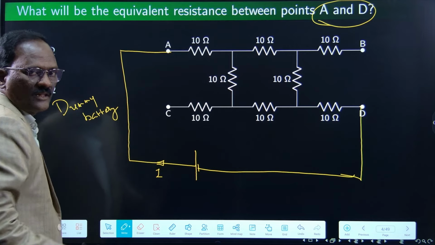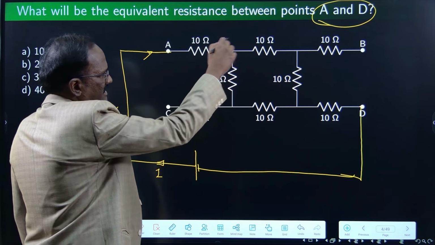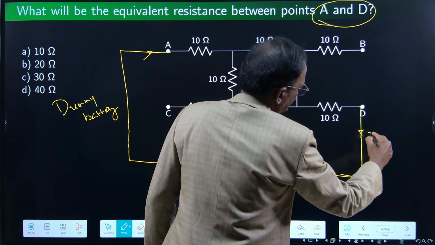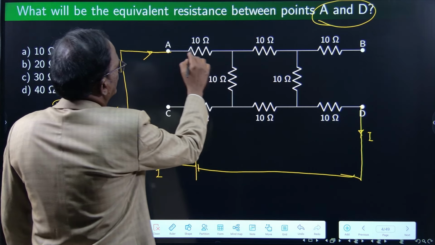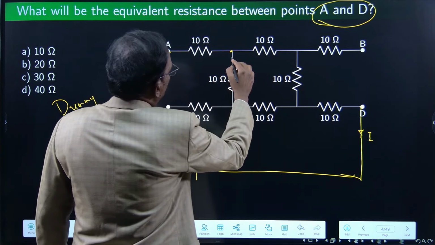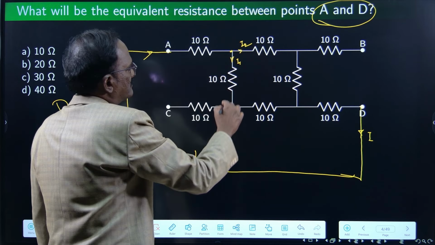Then I am tracing the current direction. It enters at A, and after traveling through the circuit, it leaves at D because it has to return to its own battery. It enters 10 ohms. Here it meets one junction, then it is divided into two currents, I1 and I2.